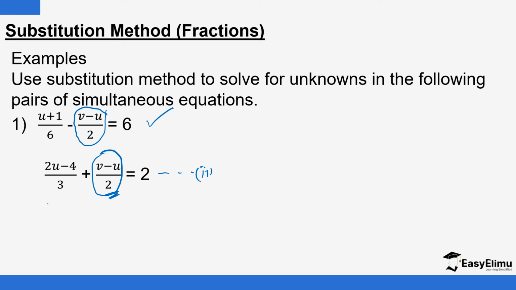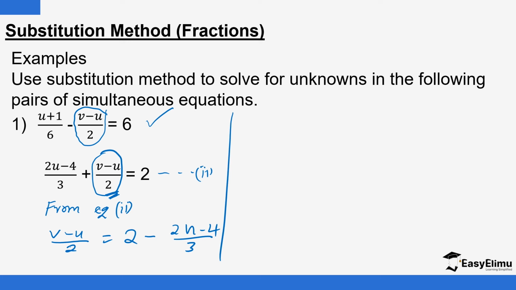From equation 2, we know that (v minus u) over 2 is equal to what? I'll take this to the other side, is equal to 2 minus (2u minus 4) over 3. So I'll simply substitute (v minus u) over 2 in equation 1 for this one here.